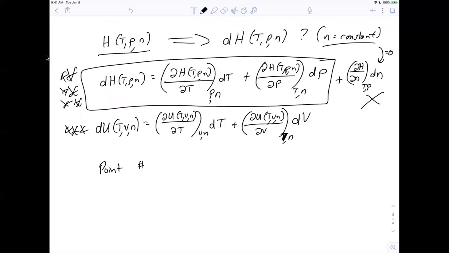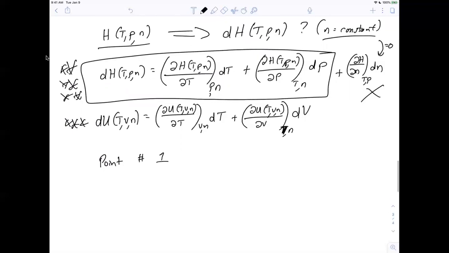It's very important that you understand why we can write this and the analogy to U. So point number 1, constant pressure.